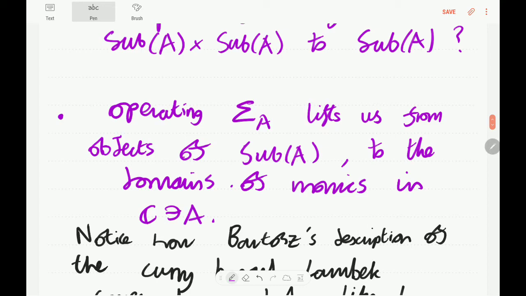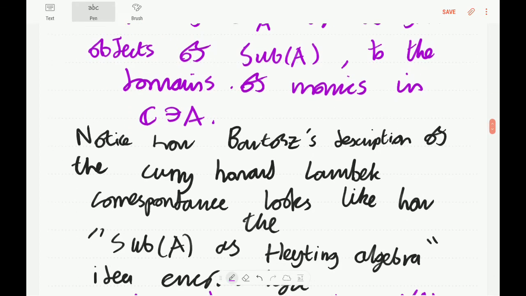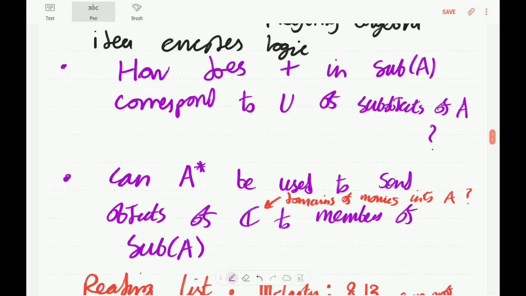We know, for example, that we have this functor sigma A, which lifts us from objects of sub A to the domains of harmonics in C. How does that work? And there's also the one the other way around, which should be A star.